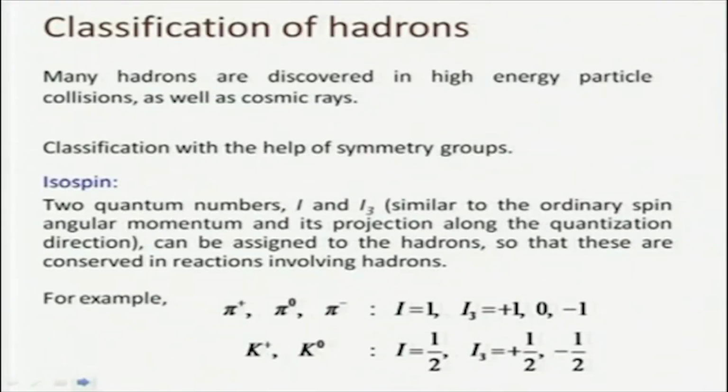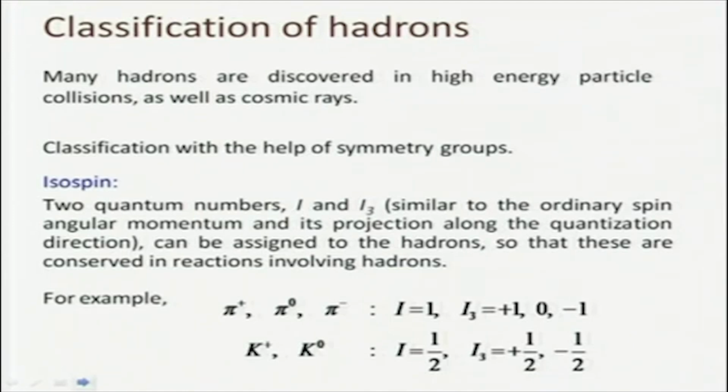Similarly, the kaons K plus and K 0. When I put these symbols, it looks natural to call them a group, but think about an experiment where you actually discover some positively charged particles, some negatively charged particles, some neutral particles. To classify them, you have to look at other properties, like collecting those having similar mass.